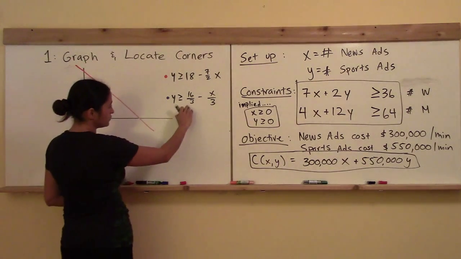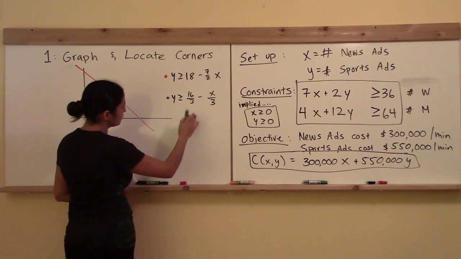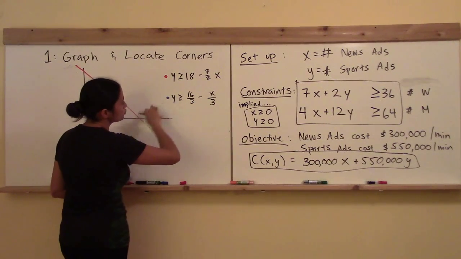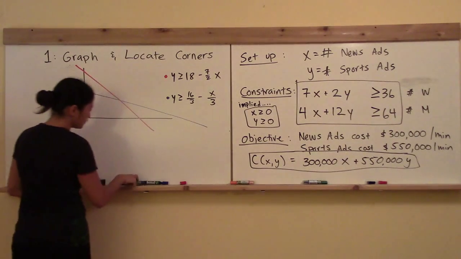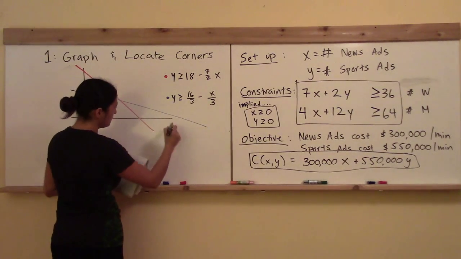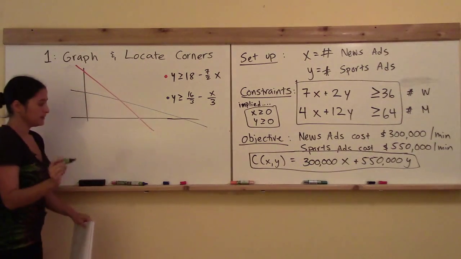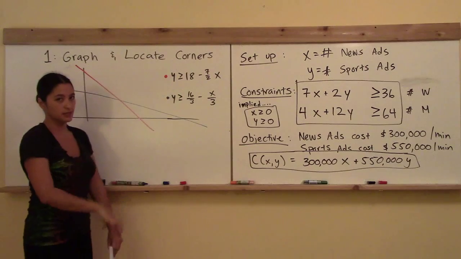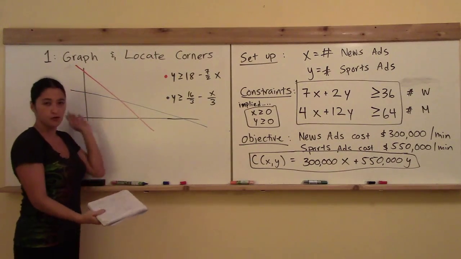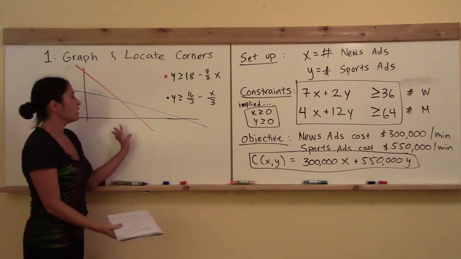This one has a y-intercept of 16/3, so a little bit over 5. And it's sloping a lot slower. Its slope is negative 1/3. So that's what that one's going to look like right there. Okay? And of course I could find the x and y intercepts for both lines and label them, and that's most likely how you would have drawn the line to any quantitatively accurate degree.